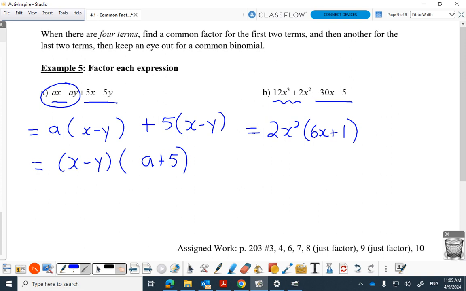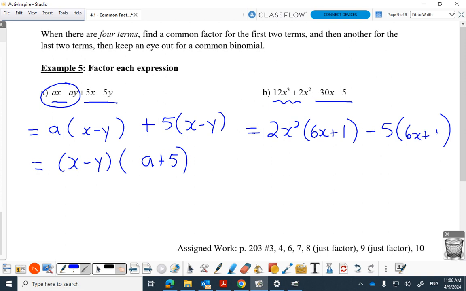Now, what number divides into both negative 30 and negative 5? Negative 5. Take the negative. If the first one's got a negative, take the negative. If I take negative 5 out of both those, 6x plus 1.